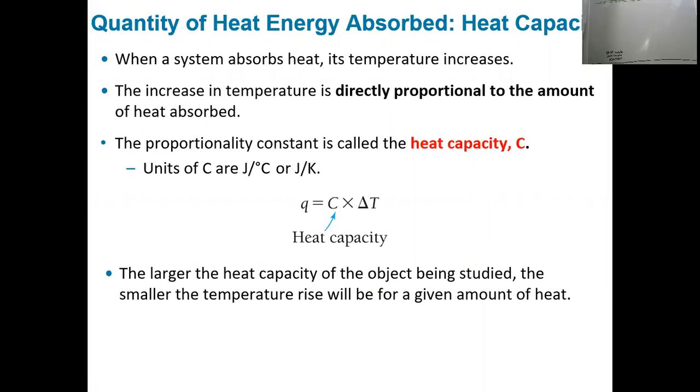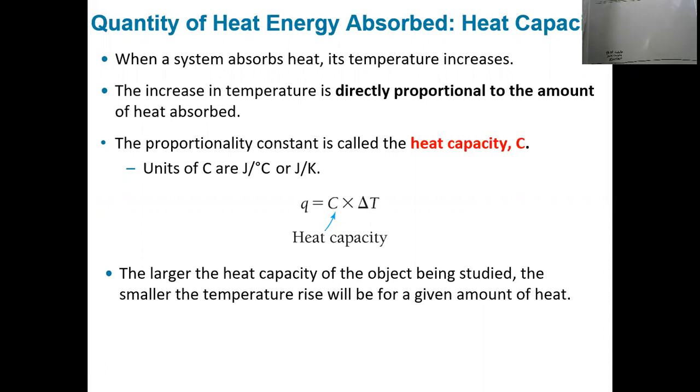Okay, so if you think of a system and that system is absorbing heat, there's going to be a particular temperature change that's associated with the absorption of that heat. All right, if that makes sense.